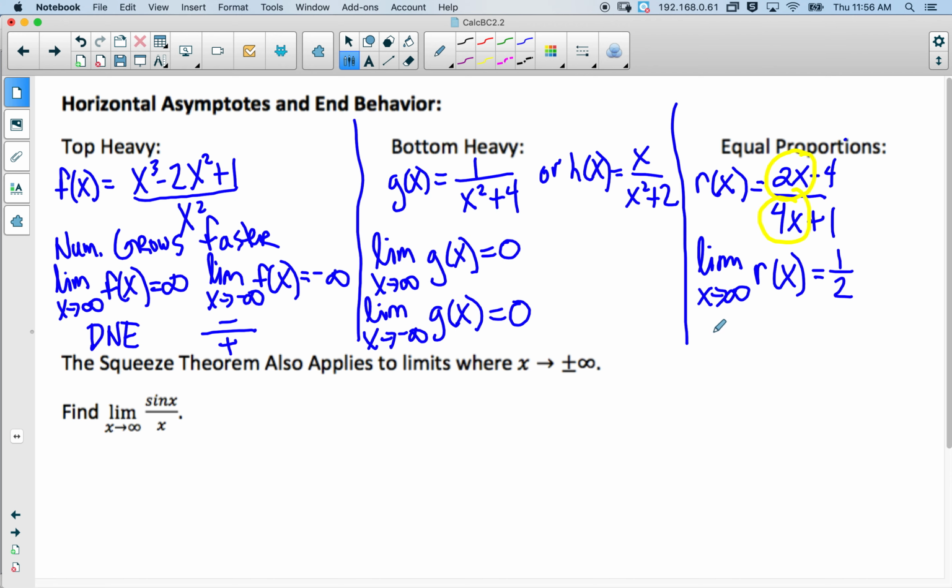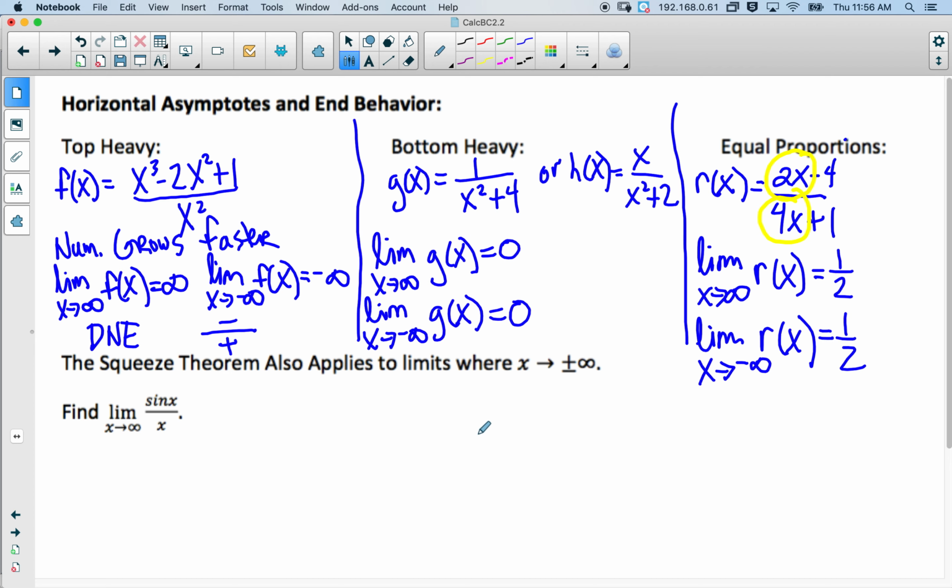And for the limit as x approaches negative infinity, we have a negative number divided by a negative number, which is a positive number. So we continue to look at our coefficients, and that's also going to be 1/2.